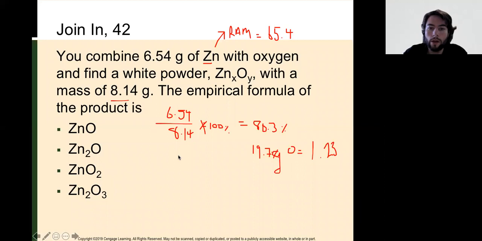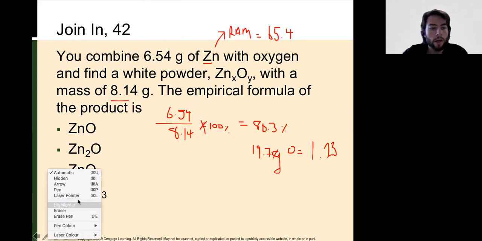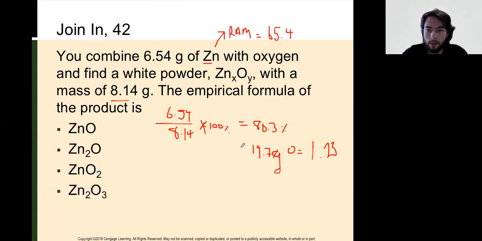Then the 80.3 grams of zinc, times 1 over 65.4, will give us 1.23 moles of zinc.